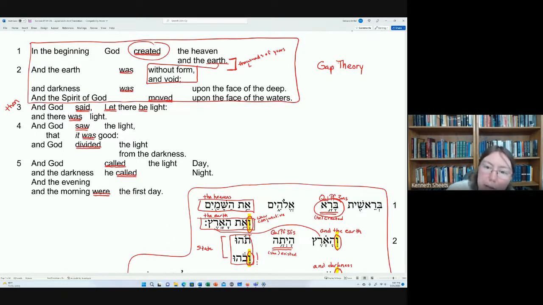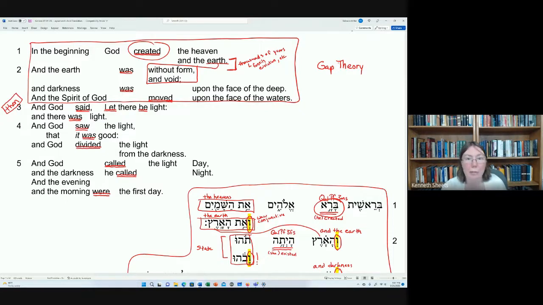And this thousands of years, that is typically where evolutionists will have a tendency to put all of the fossils, all of the evolution, etc. But there's a problem. The grammar does not allow for that because we do not have any gap in time, so to speak, until we hit that first waw consecutive there in verse 3.